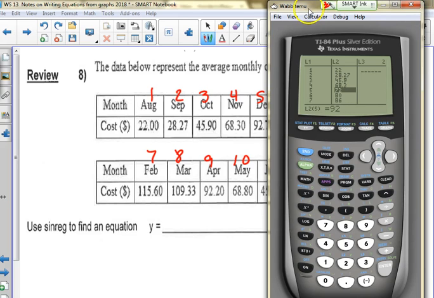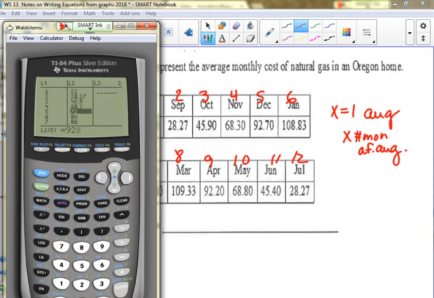Please be doing this so that you're ready for the quiz, so we don't have to practice this a million times. I feel like we've done so much regression stuff that you should know where the buttons are.